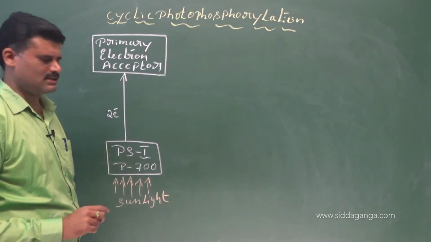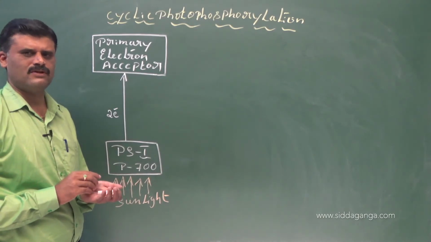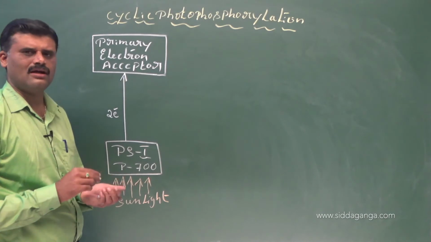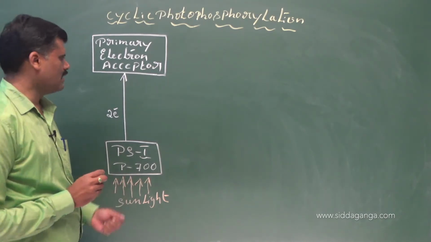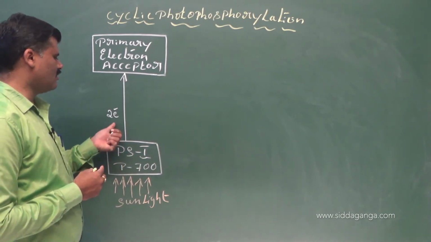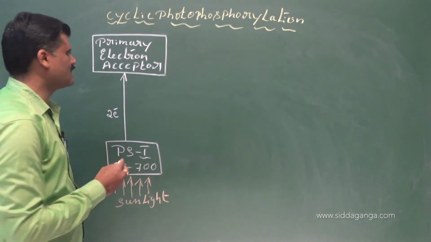Photosystem first is present on the thylakoid membranes of grana and also on stroma lamellae. After emission, the electrons are accepted by the primary electron acceptor.